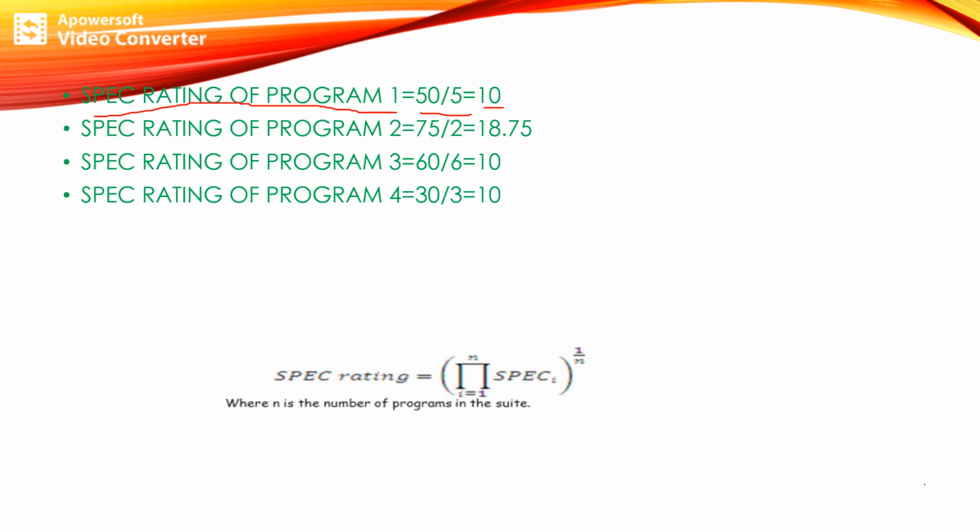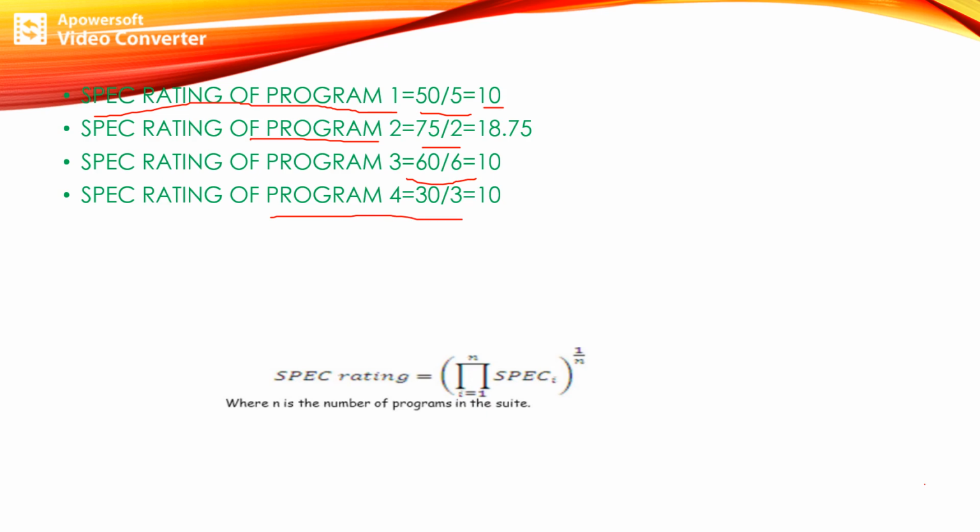Next comes the SPEC rating of program 2, that is 75 divided by 4. And the SPEC rating of program 3 is equal to 60 by 6, and the SPEC rating of program number 4 is equal to 30 by 3.